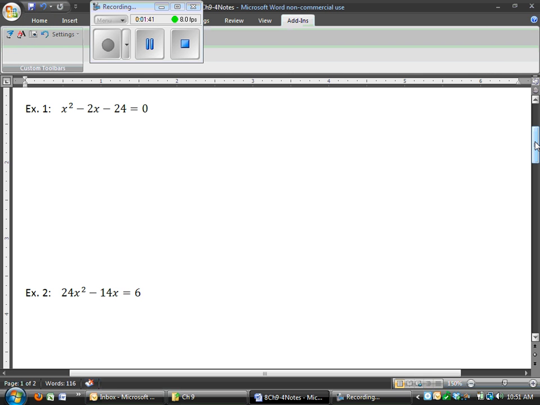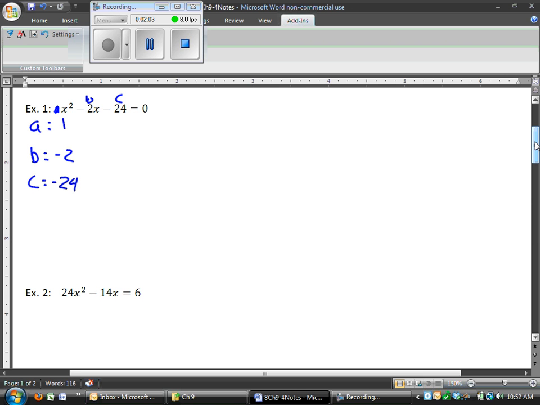First thing I always like to do is identify what my a, b, and c are. Okay? My a is 1. My b is -2. My c is -24. Okay? A came from here, b here, c here. So then all we have to do is go ahead and plug this into the formula.